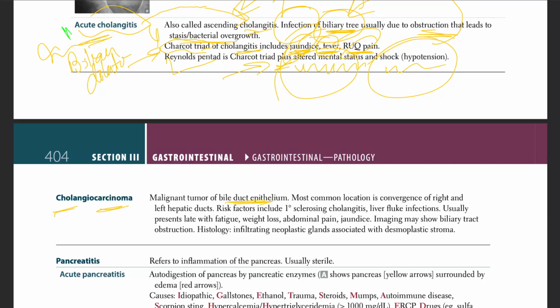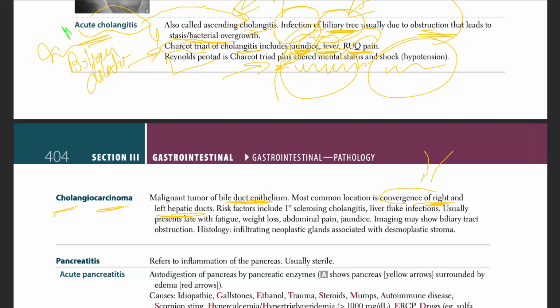Most common location is the convergence of the right and left hepatic ducts. At the convergence of left and right hepatic ducts. Risk factors include, so that's how they can explain that there's a mass at the convergence or the joining of the right and left hepatic ducts.